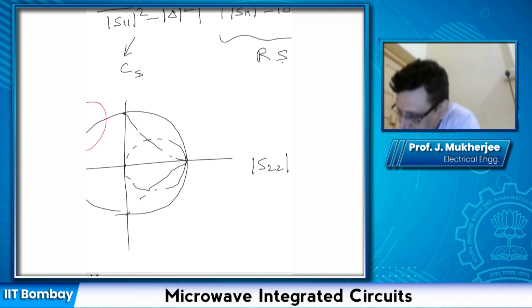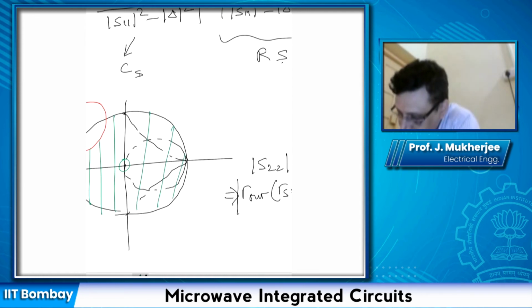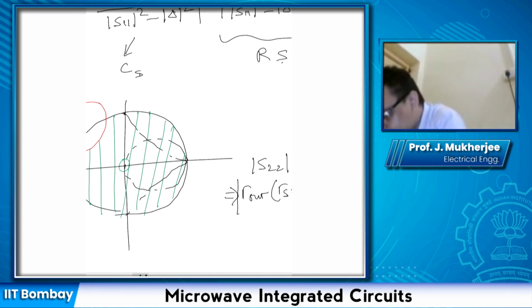Then this implies that gamma out, with gamma S equal to 0, modulus is lesser than 1. So in this case, this point, the origin, represents a stable point. Therefore, the outside of this circle is the stable region. Okay, so this green shaded region represents the stable region.